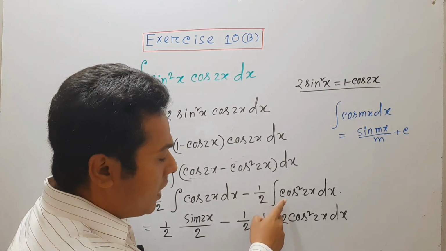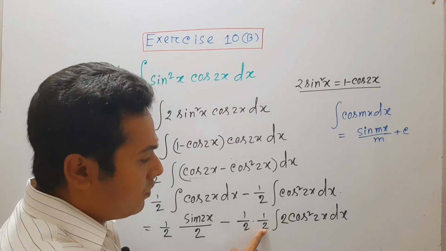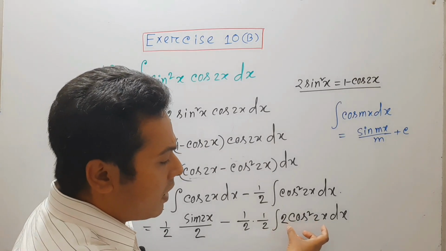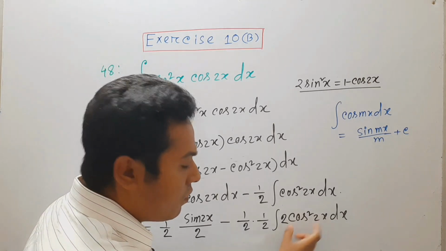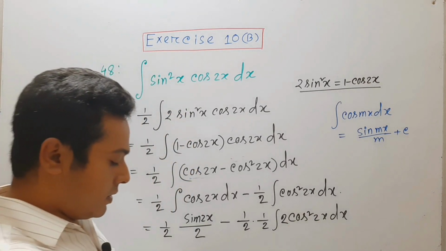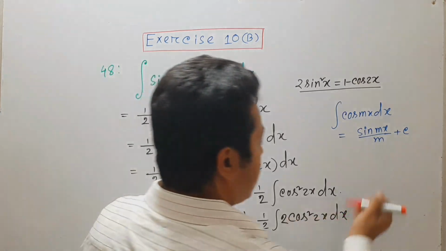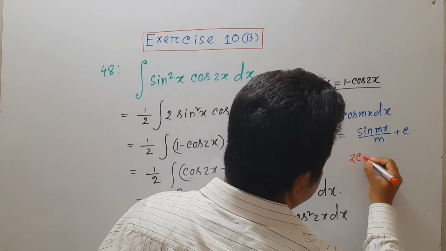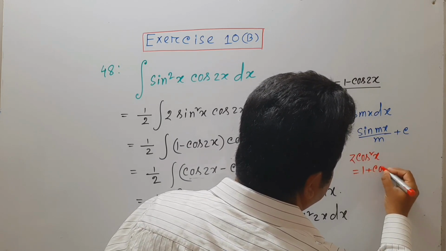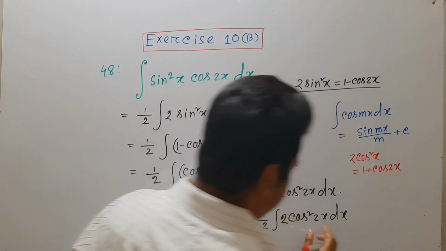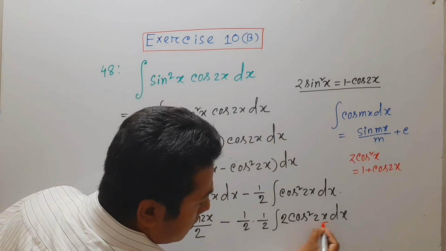We multiply by 2 and divide by 2, because we want to use the trigonometric formula 2 cos square x is equal to 1 plus cos 2x. Here 2 cos square x is equal to 1 plus cos 2x by this term.